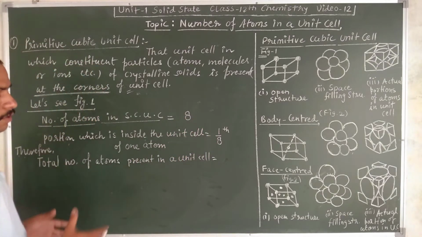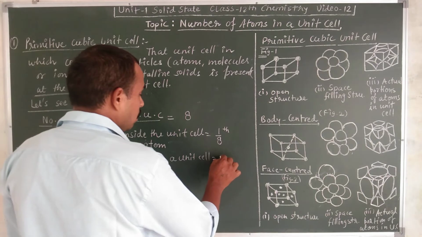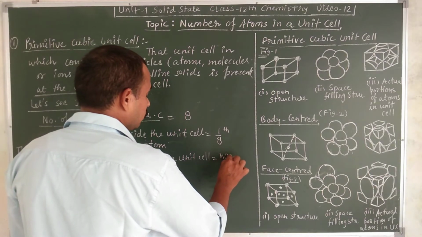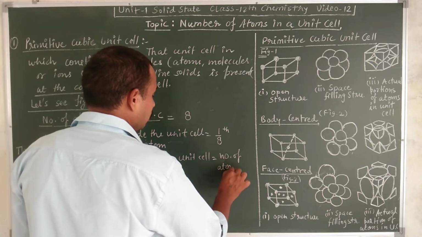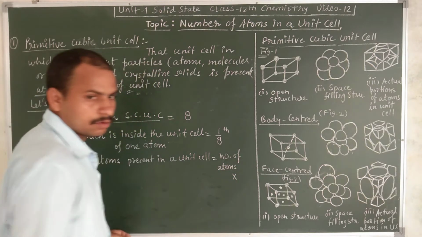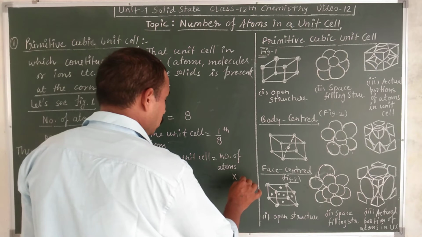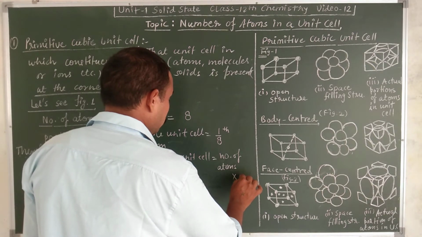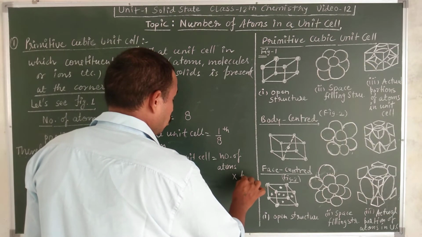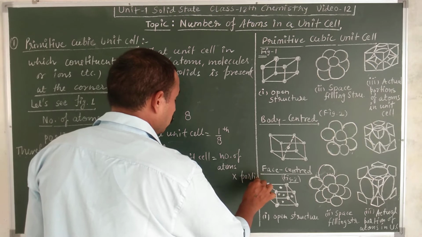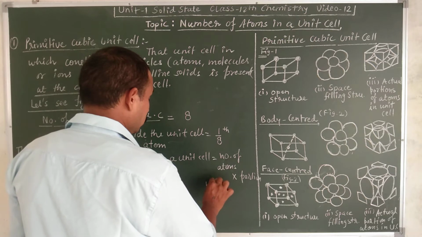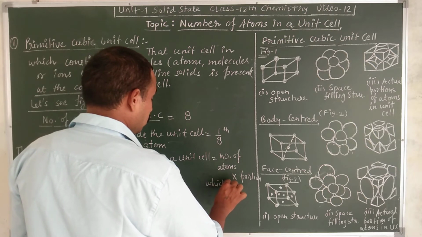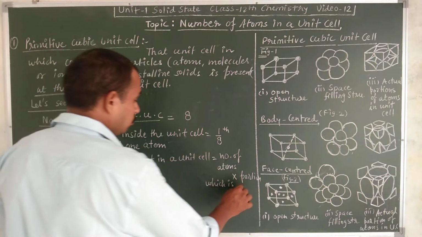So the total number of atoms present in the unit cell is the number of atoms into the portion which is inside the unit cell.